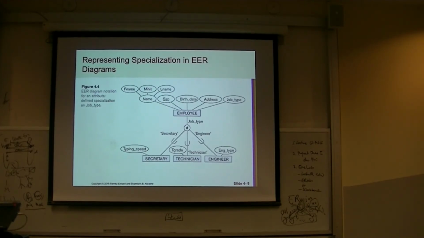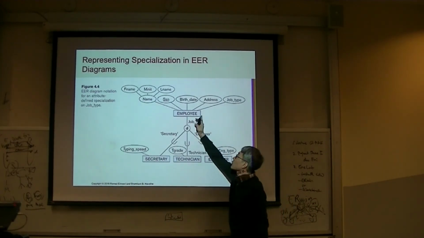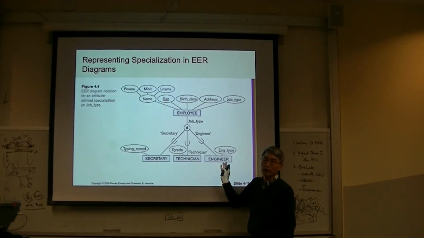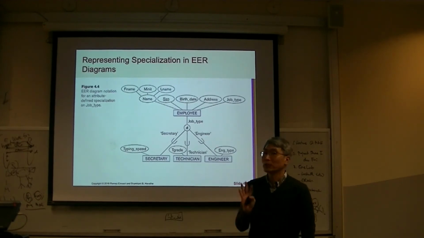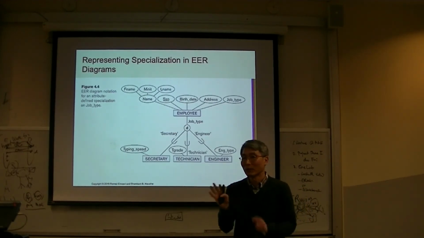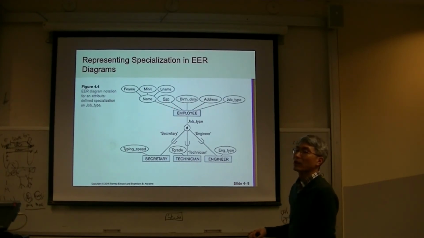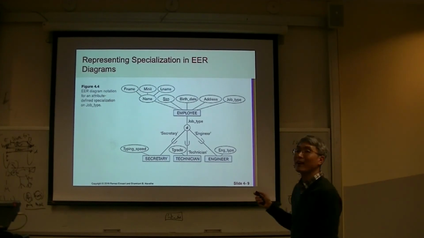Instead, you can just inherit and create a new subclass. Exactly the same idea for this one. Once you have the employee, we can have a number of subclasses. So this is called the super and subclass relationship. It's not a relationship type, don't be confused. It's one entity.